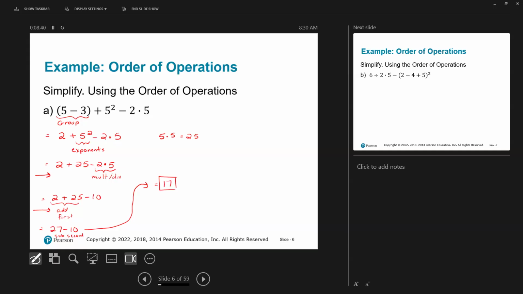So this is what we mean when we say to simplify by order or simplify using order of operations. So simplifying means that we're just trying to boil this down to just one number if possible.